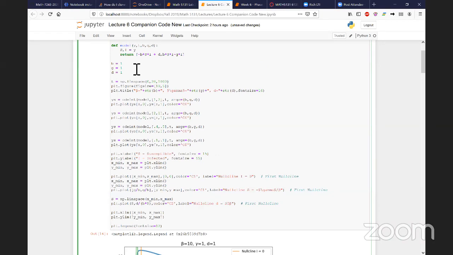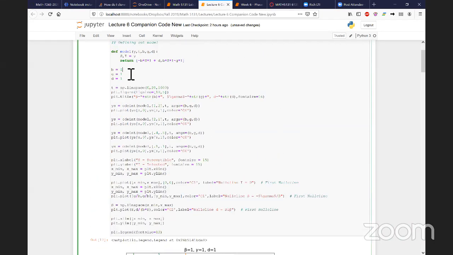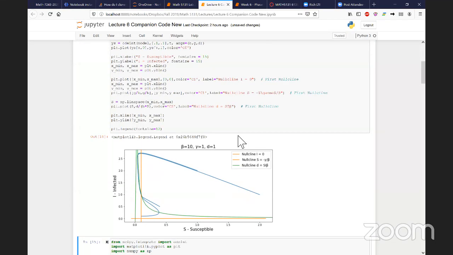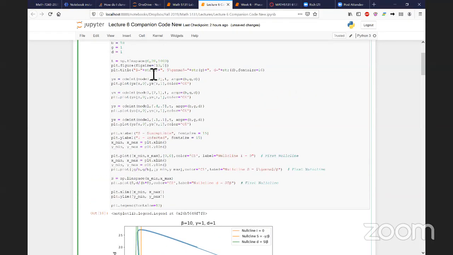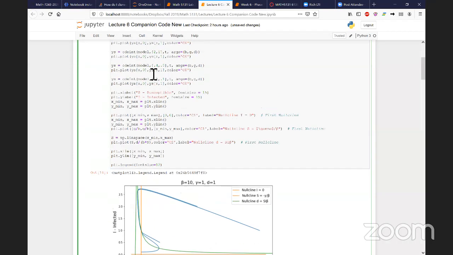I can even make it more precise. So here, let's do 10. If I just change gamma, then the only thing that's going to be changing is that I'm moving the null cline, the vertical null cline.